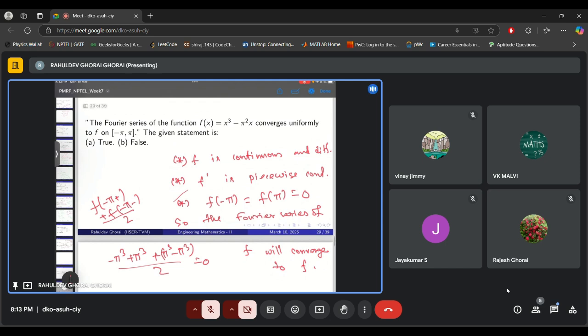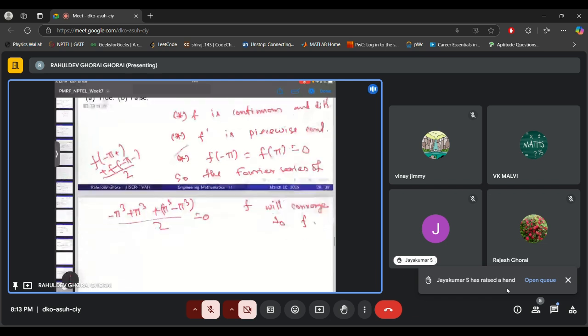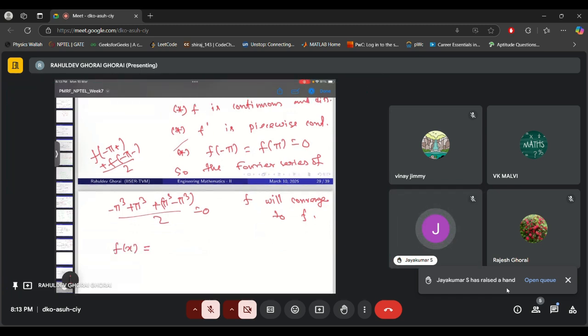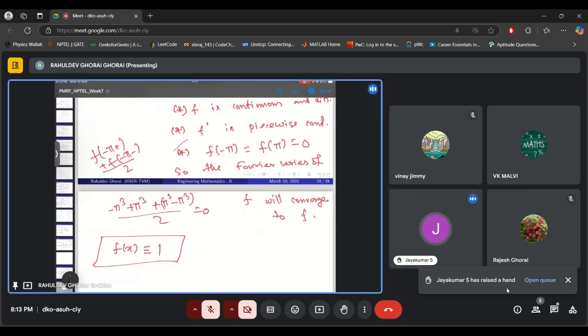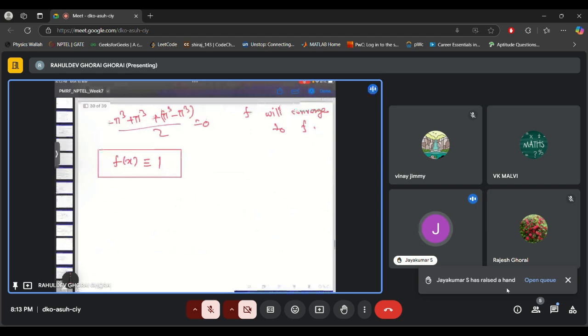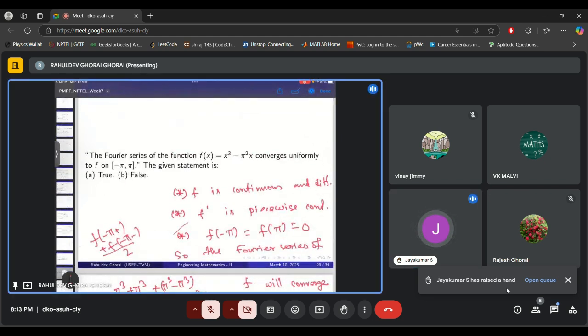Okay, so I may give you one exercise where you will see that, due to the boundary condition, it won't be convergent. Okay, anyone wants to say something? So let's say I have taken f of x equal to 1. Anyway, this question is done, we can show that it is uniformly convergent.